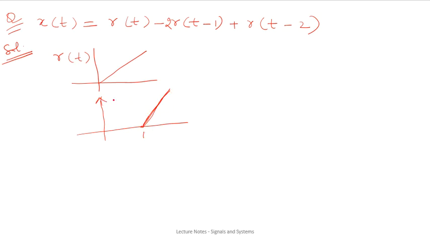And it will have the slope greater than the ramp signal, and then for r(t minus 2), this signal will start from t equals to 2, something like this.